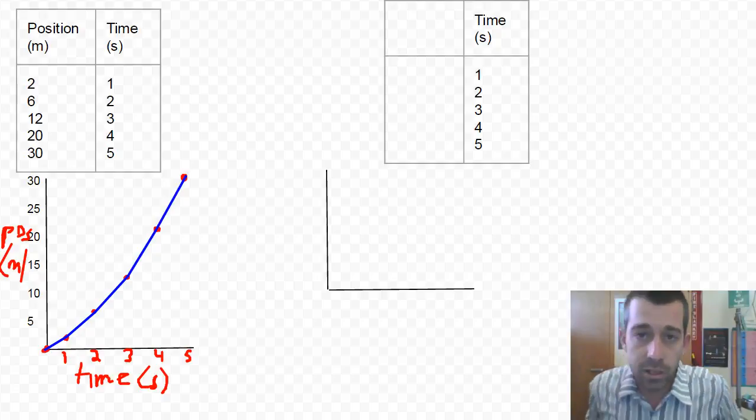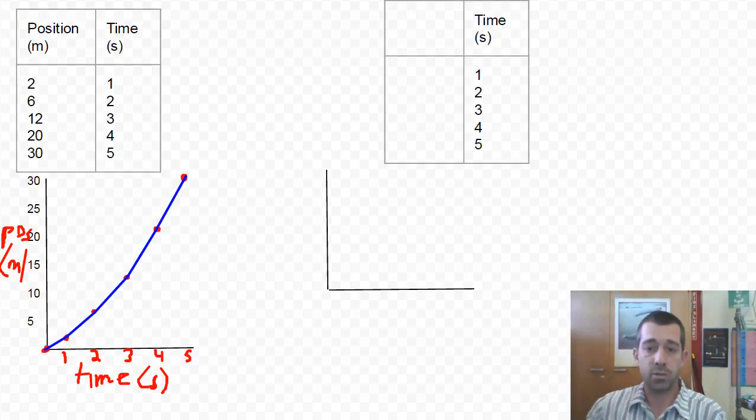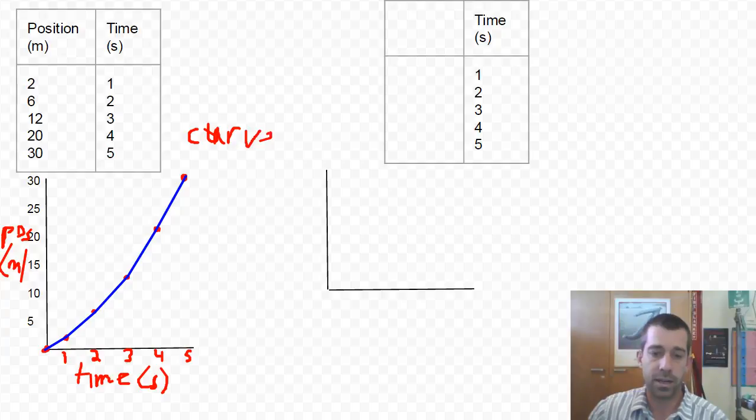So the first thing I want you to know is that when an object accelerates, the position versus time graph will be a curve. Ooh, what happened there? Sorry, I had a little bit of a freak out on my pen right there, but the position versus time graph will be a curve.